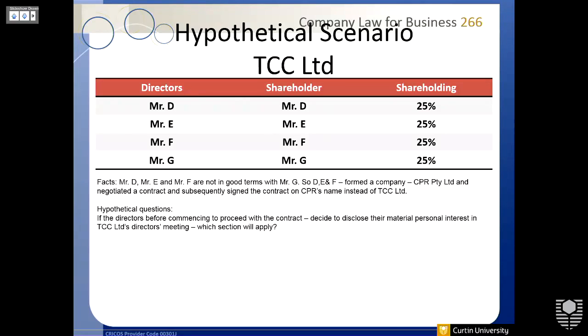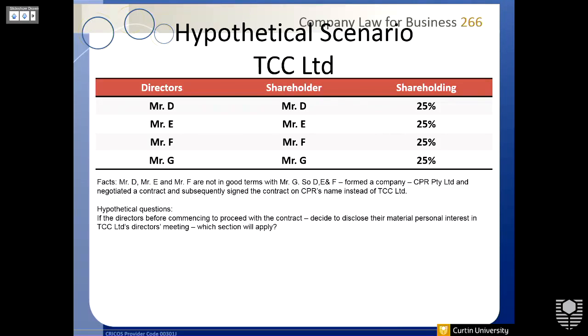Public company, very good. So we are dealing with TCC Limited, which is a public company. What are the sections? 191 first, and then 195. What does section 195 tell us? The directors concerned cannot attend the meeting and vote in the meeting concerning this matter.